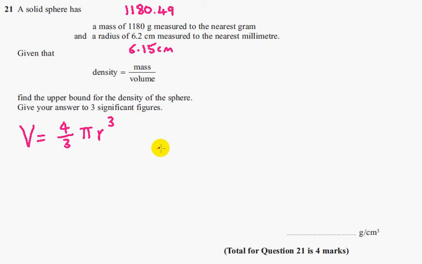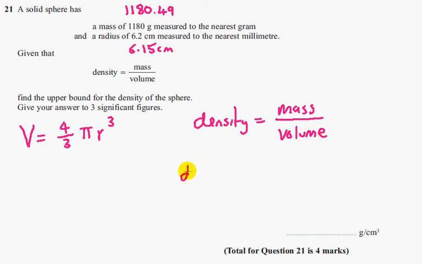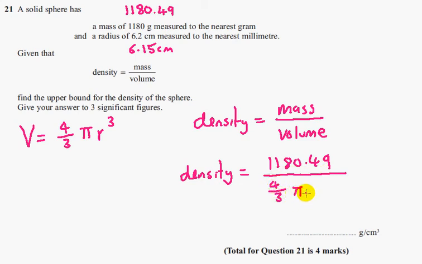Okay, so if density is equal to mass divided by volume, then density is going to be 1,180.49 divided by the volume, which is going to be 4/3 times pi times 6.15 cubed.